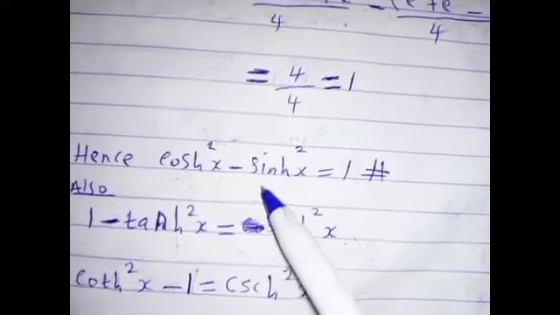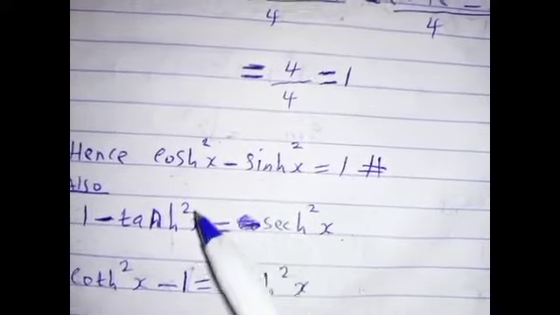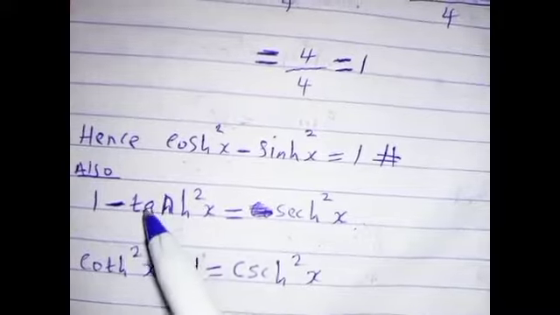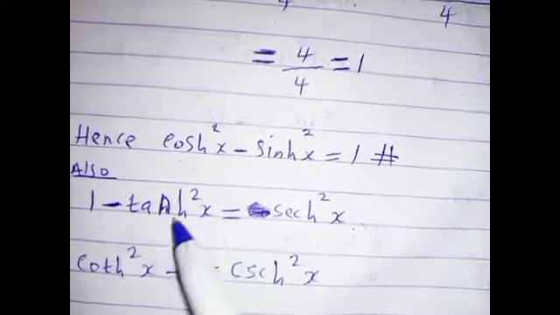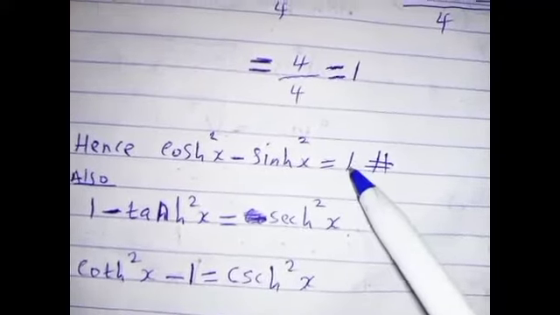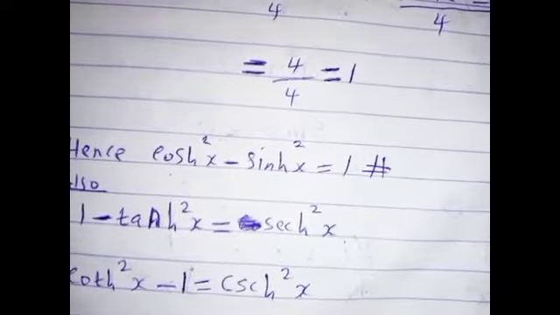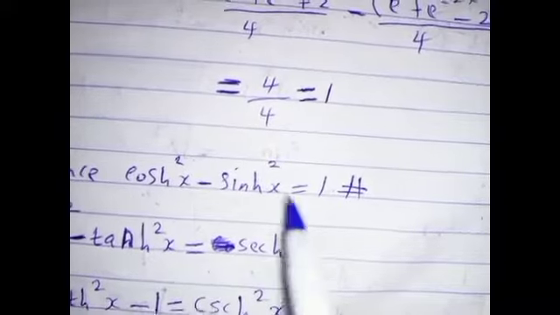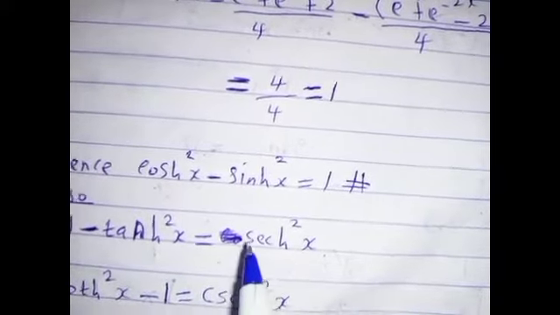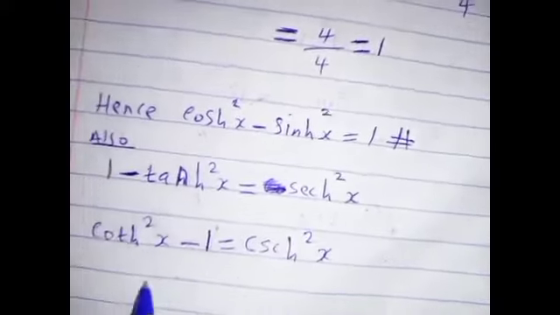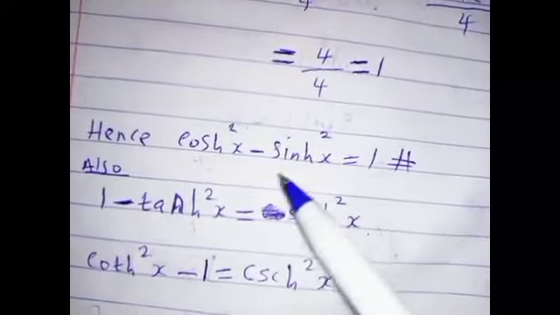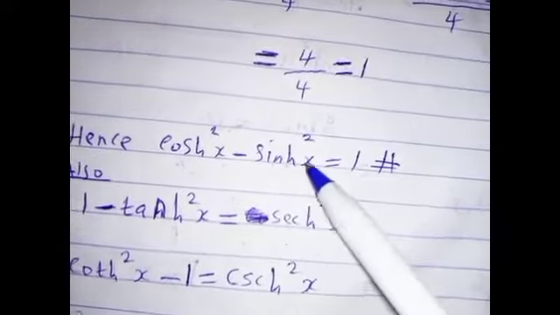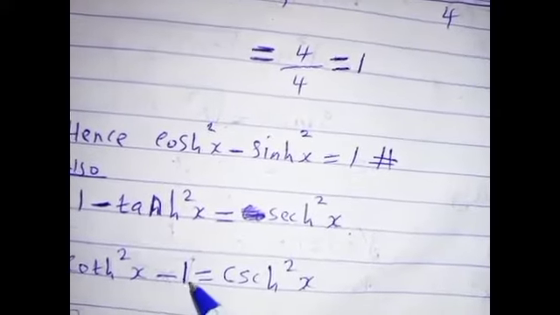Then sinh squared x divided by cosh squared x will give us tanh squared x. Now 1 divided by cosh squared x is sech squared x. Similarly, we can divide this identity by sinh squared x to get negative 1.